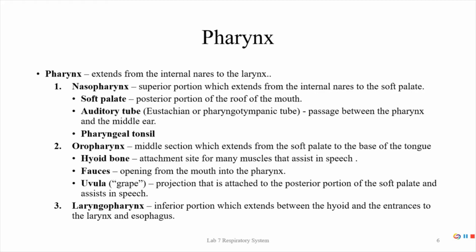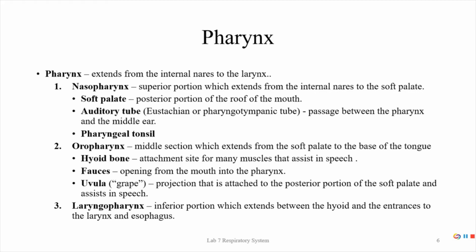But we're going to see there are three distinctive things from the internal nares all the way to the larynx. We're going to see three distinctive regions: the nasopharynx, the oropharynx, and the laryngopharynx. Now, nasopharynx. The nasopharynx is going to start at those internal nares or choanae and go all the way down to the soft palate.